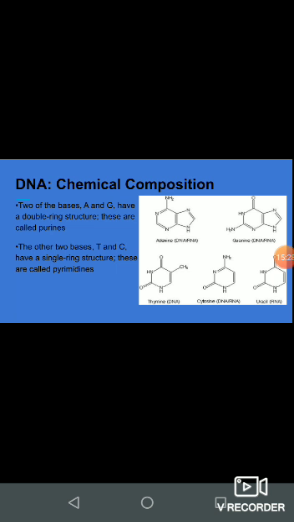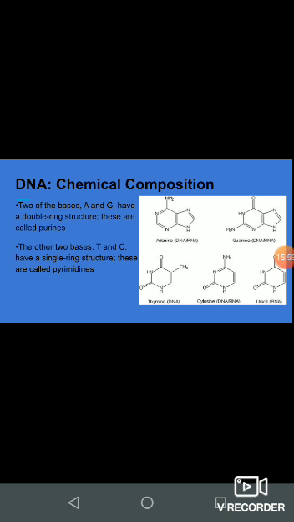Apart from these nitrogen bases, the nucleotides contain a sugar moiety, which is deoxyribose, a pentose sugar, and the phosphate backbone, and the four nitrogen bases.